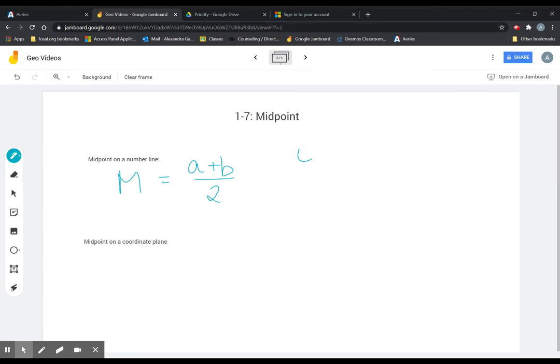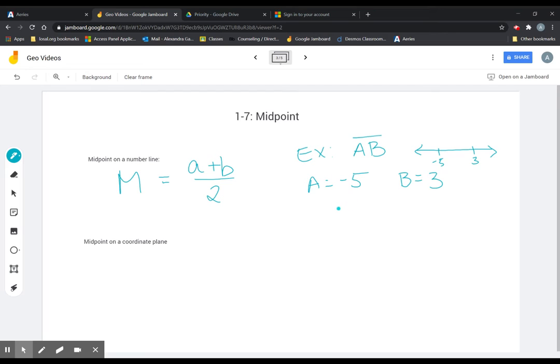So our example is going to be if we have AB, and we need the points A. The coordinate of A is -5. The coordinate of B is 3. So what I'm looking at is I'm on a number line, and I'm at -5 and +3.